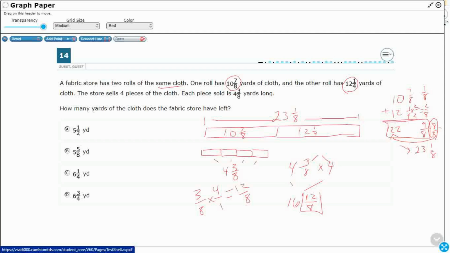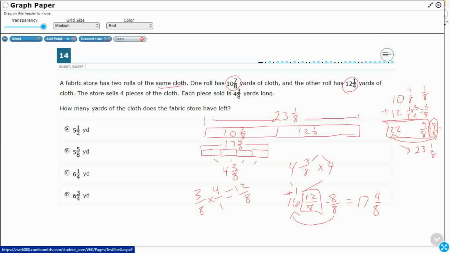We need to take 8/8, a full whole, out of that 12/8. That leaves you 4/8, but I want to add that whole as a plus 1 right there. So 17 and 4/8.